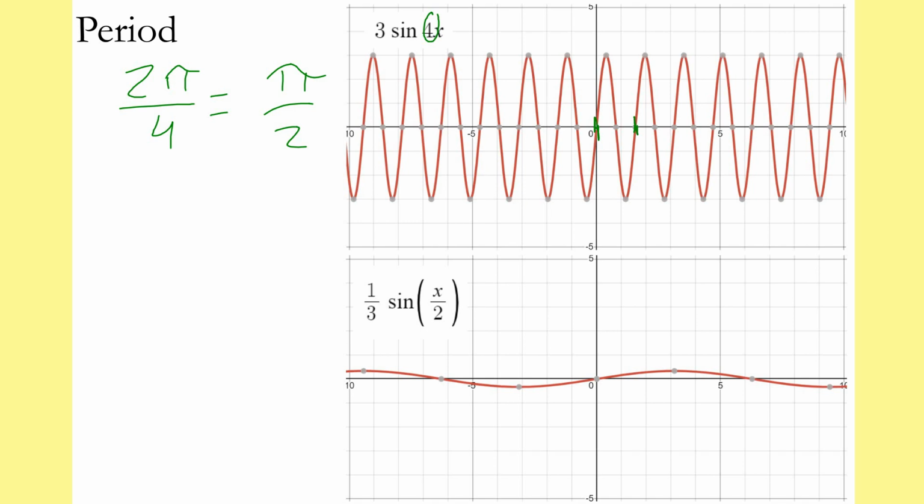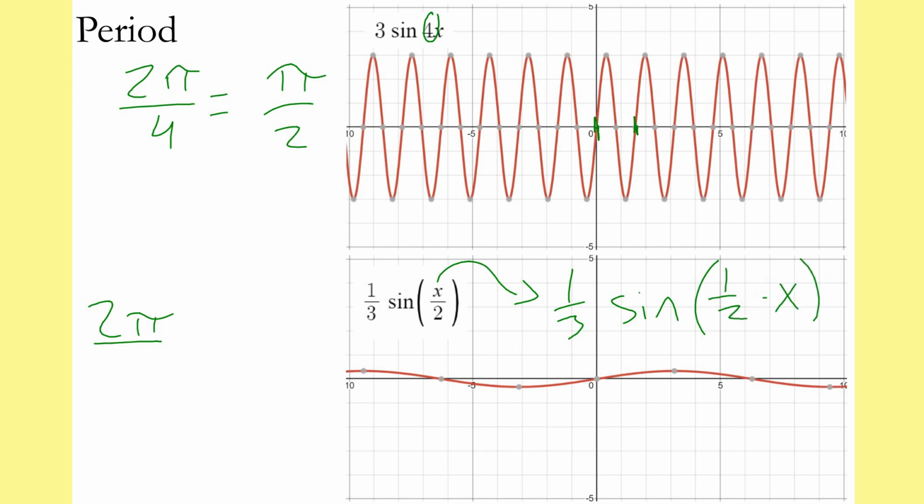For the second one, we do 2 pi always over what's in front of the x. So we can rewrite this as 1/3 sine of 1/2 times x. So the number we're going to be dividing by is 1/2.